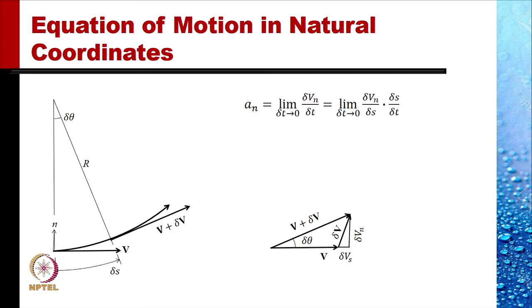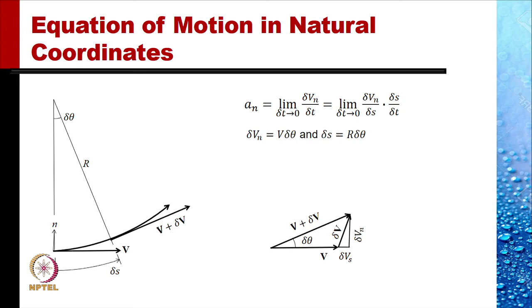Acceleration in the normal direction is the limit as delta t tends to 0 of delta Vn by delta t, which is the limit of delta Vn by delta S into delta S by delta t.